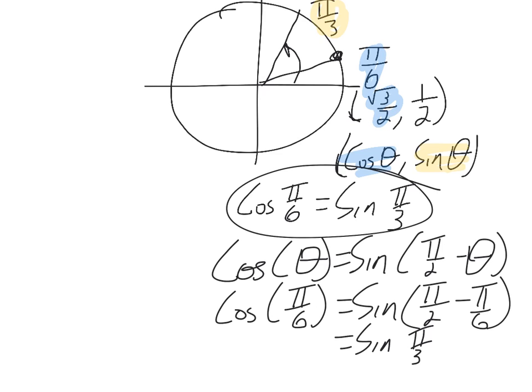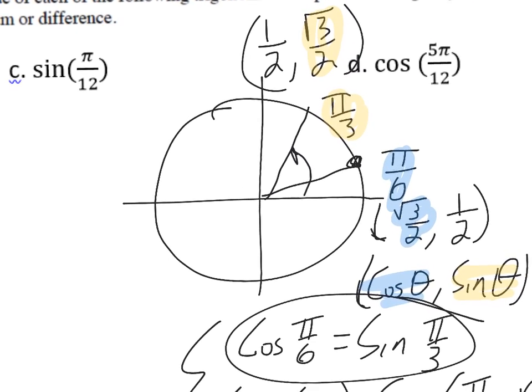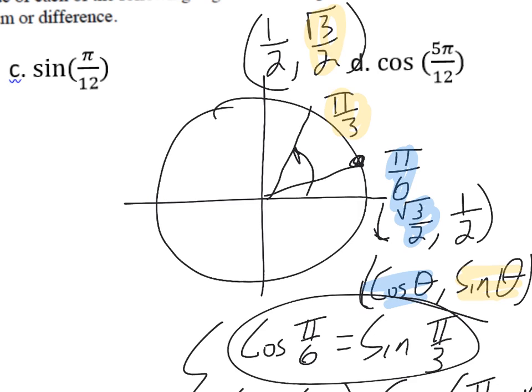That's why these come out to be equal mathematically right here. Geometrically, they're equal because this x-coordinate right there is the same as this y-coordinate.